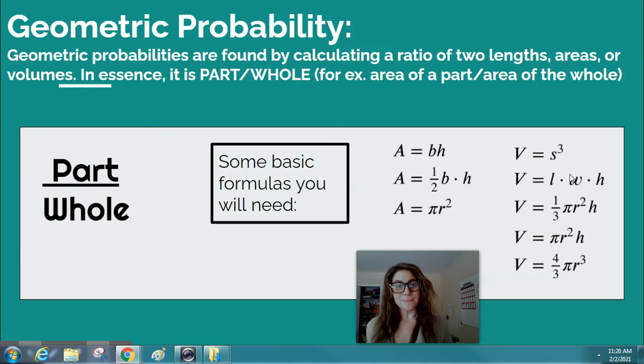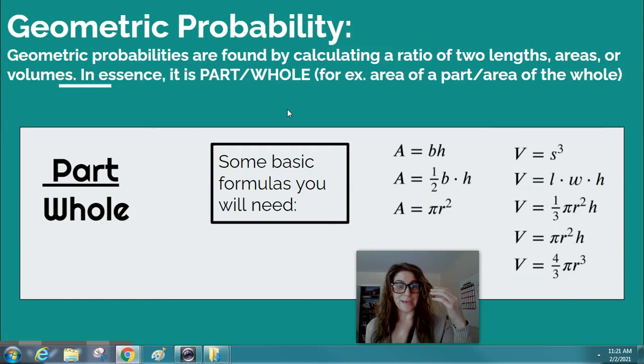I've also given you some basic area and volume formulas. The geometric probability can be based off of side lengths or radians, could be area, volume, perimeter, could be anything geometric, any piece of it.